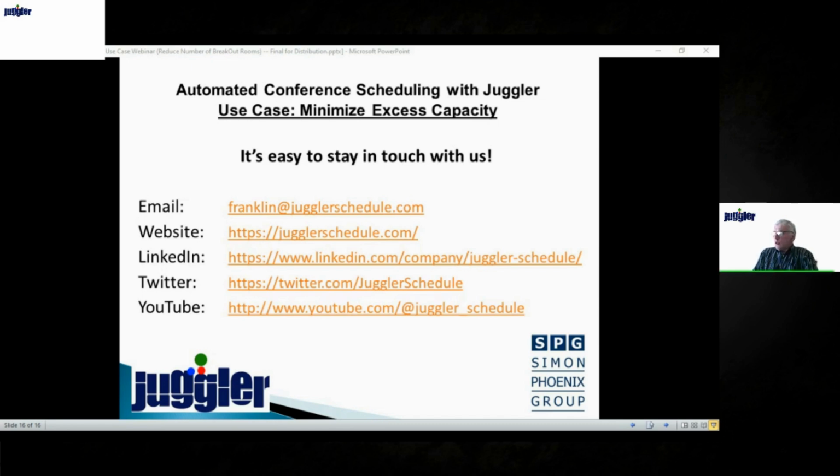Let me read out one question that's been submitted. Please explain what format details an organization would need to provide in order to be able to generate a schedule. Thank you, that's a great question. Juggler has been designed to input data via spreadsheet and export data via spreadsheet. So very straightforward.